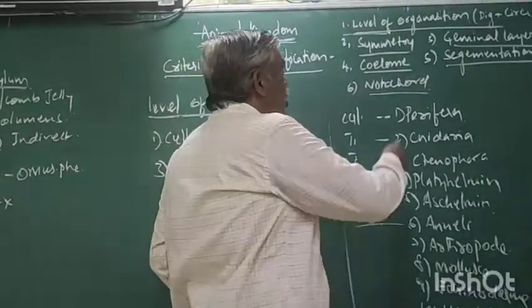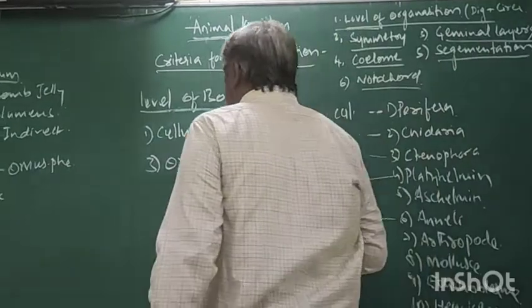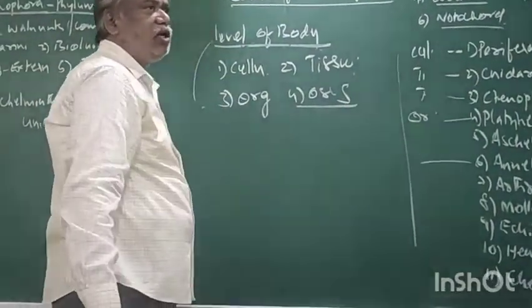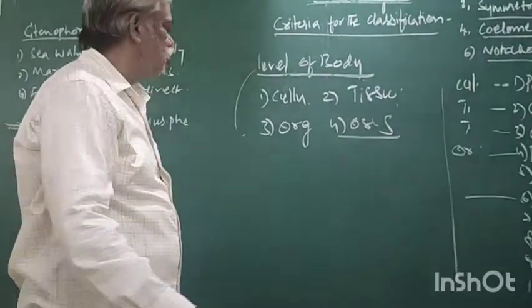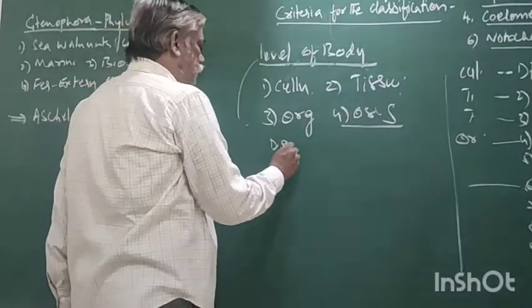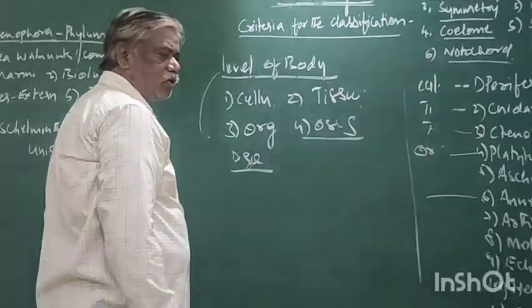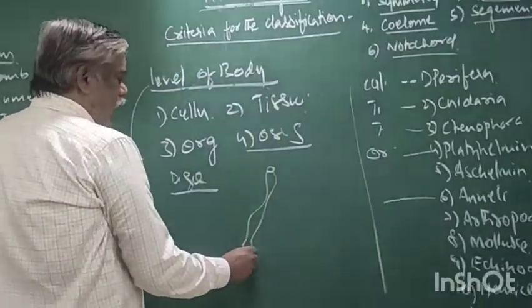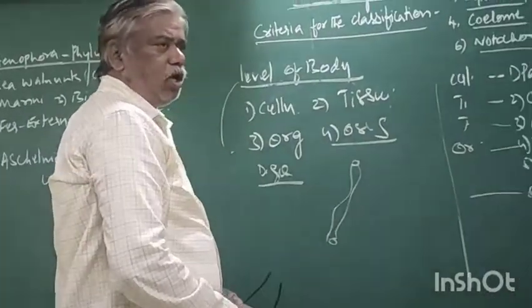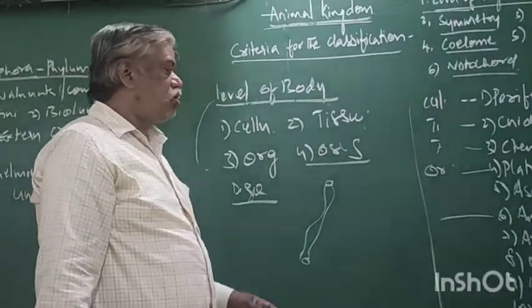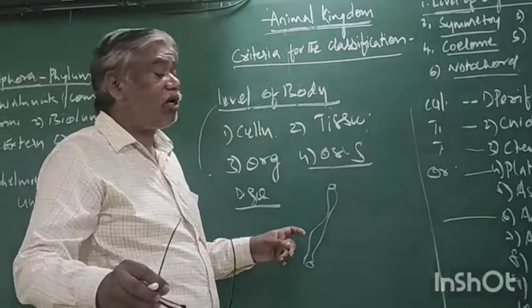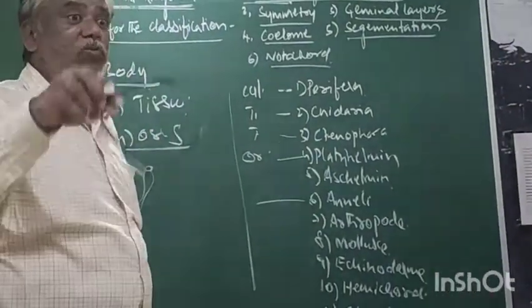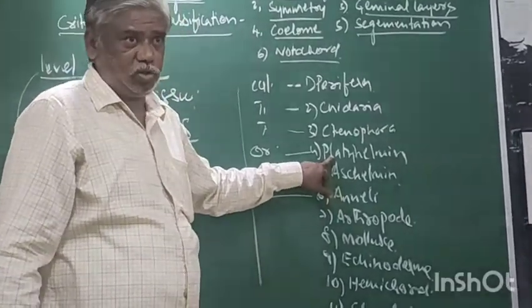Now the next one. Before going to this, what is the highest level, organ system? Suppose you know the digestive system, the alimentary canal, with mouth and anus. Good. The first digestive system is the first organ system. Organ level and organ system level both appear in Platyhelminthes.